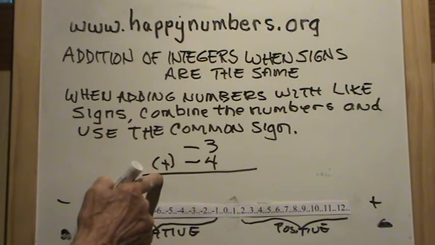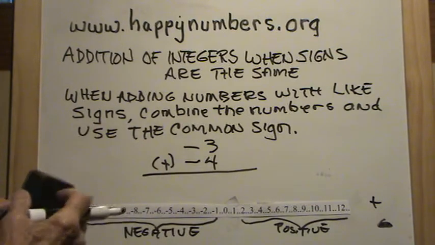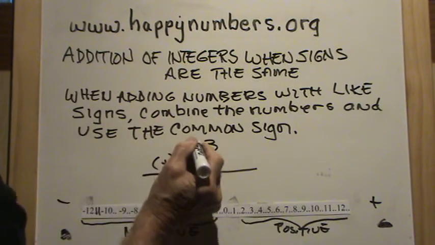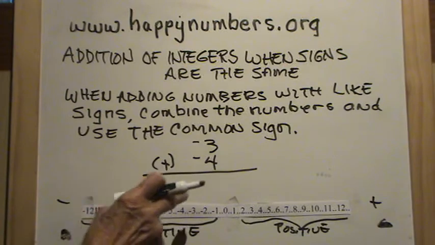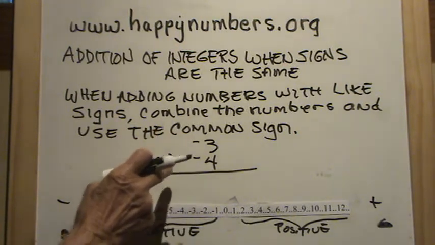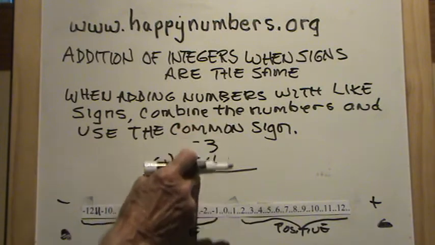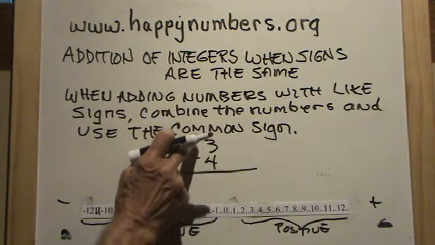We're adding two negative numbers, and in fact many times it would be written like this. So this is -3 plus -4. Well, the signs of the two numbers are the same, so we just combine the numbers. We forget about the signs right now.